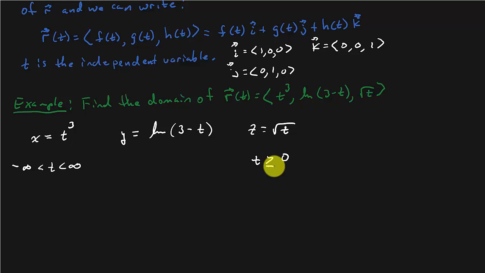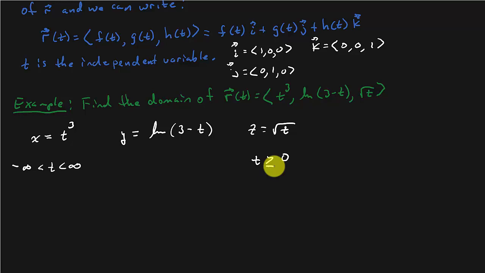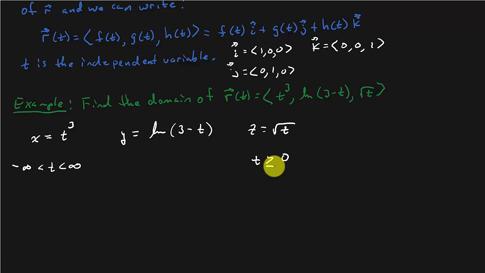And then what about logarithms? Can we take the log of a positive number? Of course we can. Can we take the log of a negative number? No, we can't. If you have your calculator by you, type in natural log of -2 and it'll give you an error message. What about taking the log of 0?